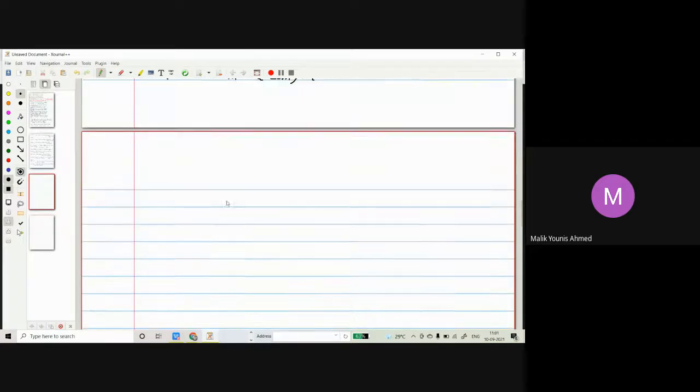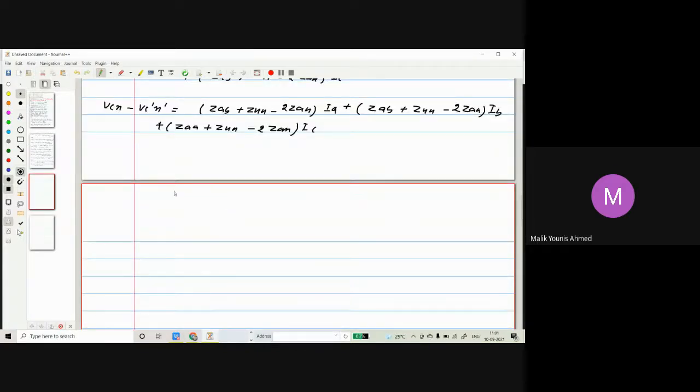Okay. Now next, we have a neutral conductor present here that will change the self and mutual impedance of the phase conductors.